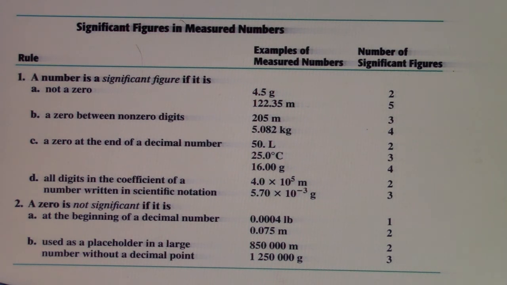Now if we have large numbers without decimals, then we don't have to worry about the rule. 850,000 without a decimal is only 2 significant digits. If you put a decimal point, it would have how many? 6. Same thing with the next one, 1,250,000.